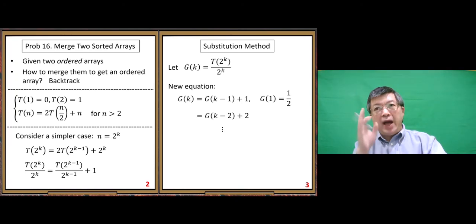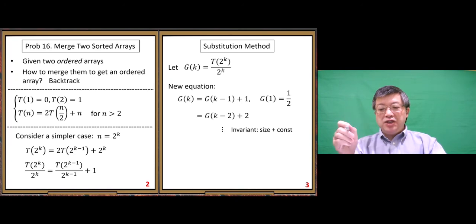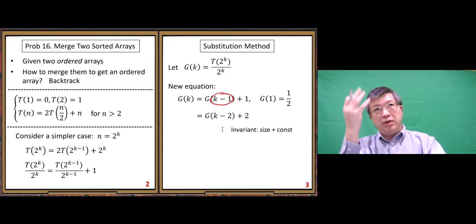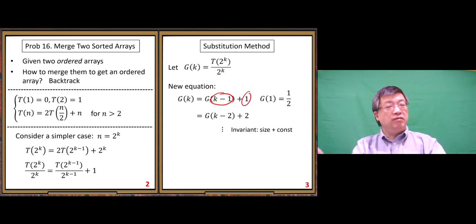So what is the invariant here? Size plus the constant term. What's the size number? This is the size number, the number inside the parenthesis of the function. What is the constant term? The 1. These two numbers adding together equal k.